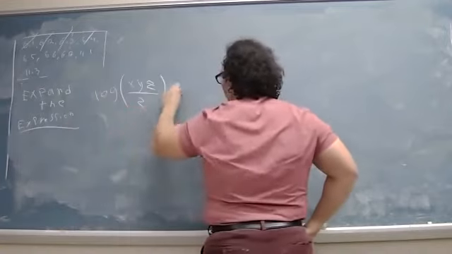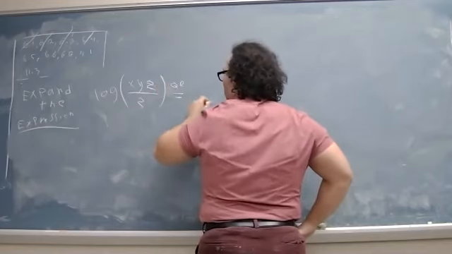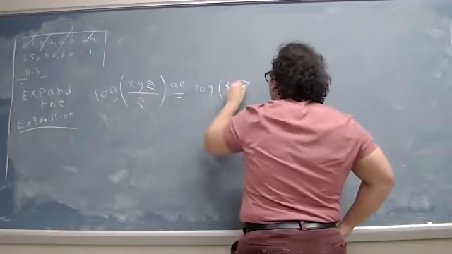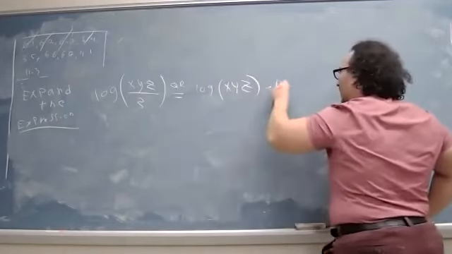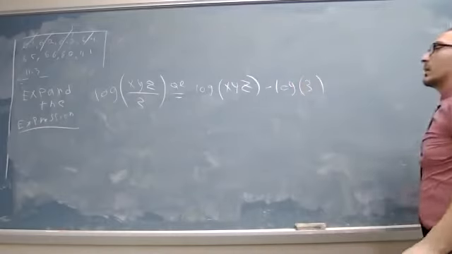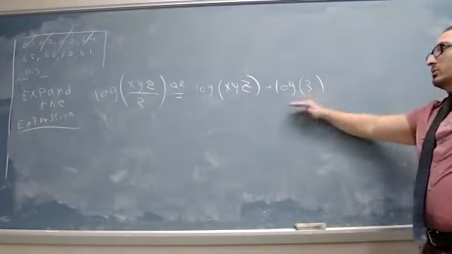First, we'll use the quotient rule. So we get the log of the numerator minus the log of the denominator. Then there's no power rule to do over here.